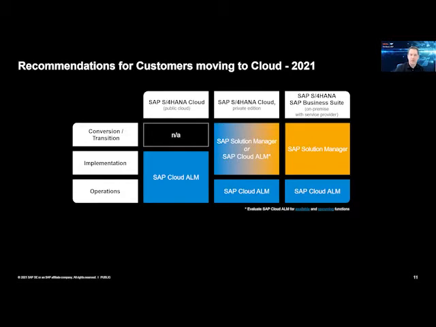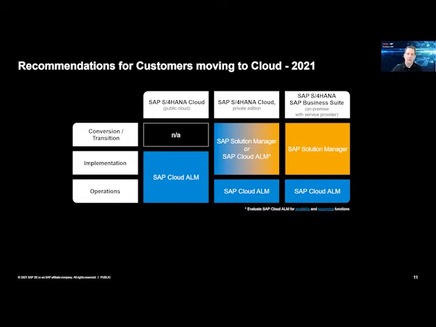SAP Cloud ALM supports with database monitoring only HANA, and from a platform only ABAP-based systems. But of course, anything that happens above the technology layer, business process monitoring, real user monitoring, integration, exception monitoring, and so forth, is also available for all sorts of flavors of SAP S4hana.